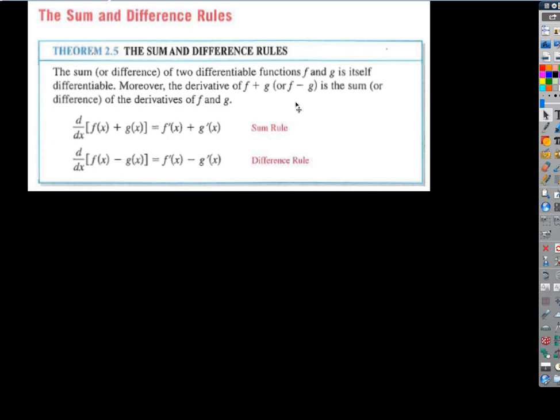Say it again. If I'm doing the derivative of a sum of terms, you can find the derivative separately. Now these are the words that describe that. It's important that this makes sense, because we can say we can differentiate term by term, right? Meaning we can take them one at a time, which is huge.